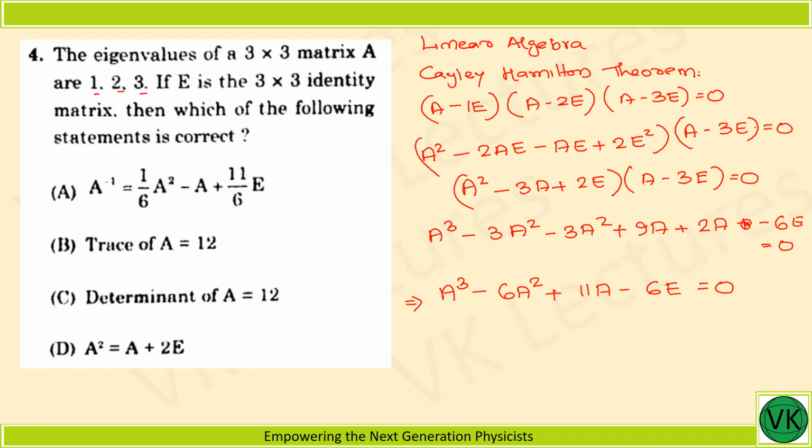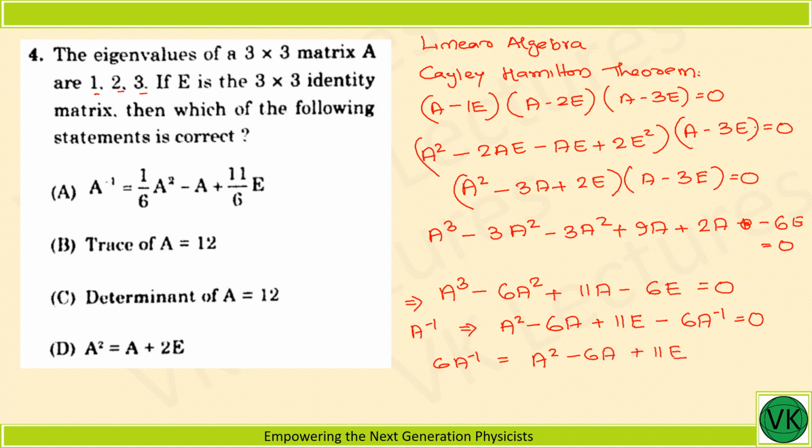Now let us multiply each term with A inverse. So we would get A square minus 6A plus 11E minus 6A inverse equal to 0. Now the 6A inverse is given by A square minus 6A plus 11E.